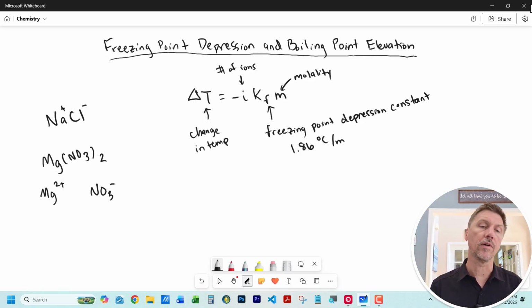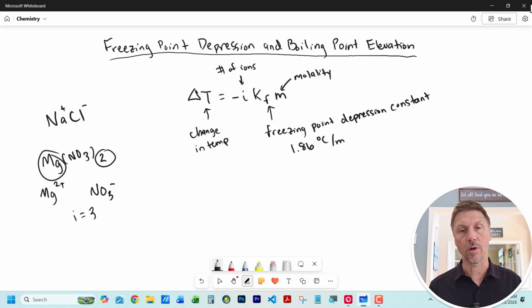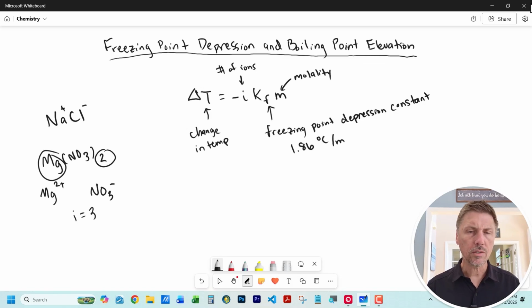So the total number of ions, 1 Mg and 2 NO3s, is 3. So i equals 3 if that's the substance we're mixing in with the water. Not a hard concept, just something you need to understand.